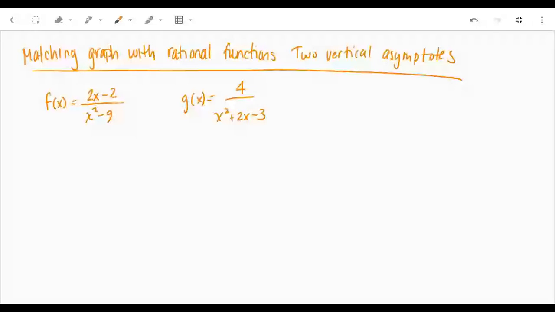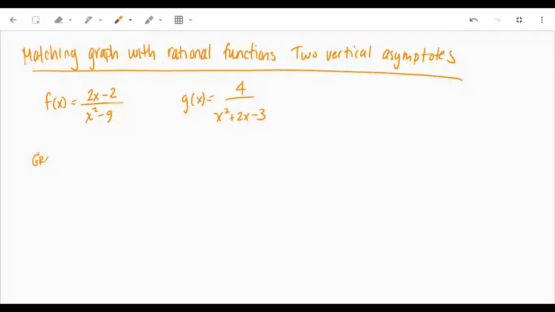And then from there, you can use numbers to plug in. Yeah, you can kind of just plug in some numbers to see, so you can kind of eliminate one.